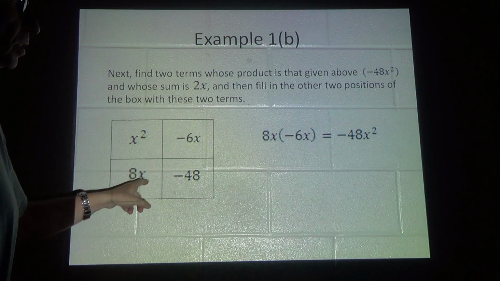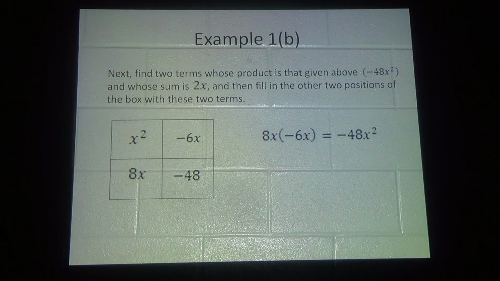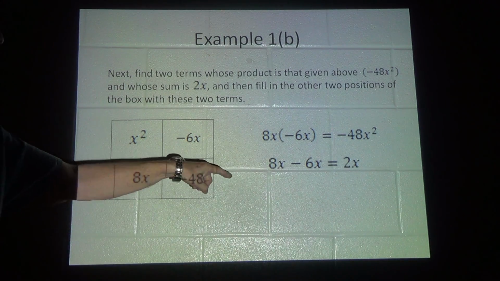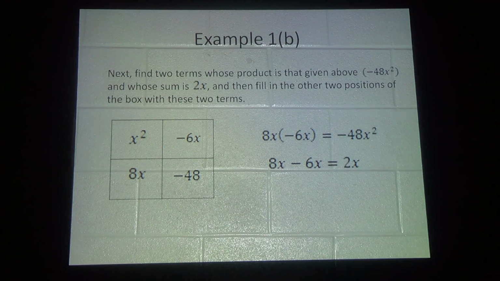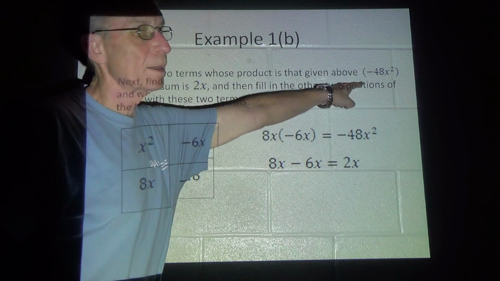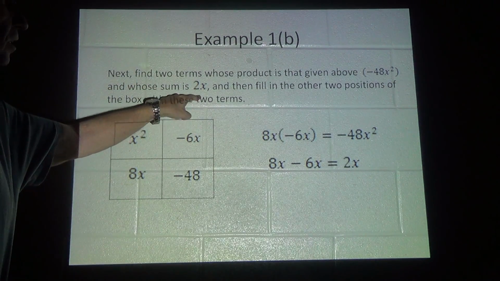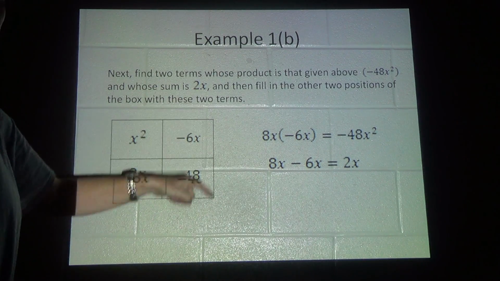Actually, I got them backwards. Here's what we got. So what we're going to do at this point is find out what the sum of those are. 8x minus 6x is equal to 2x. So that meets our criteria, because number one, they multiply to this and they also give us this.